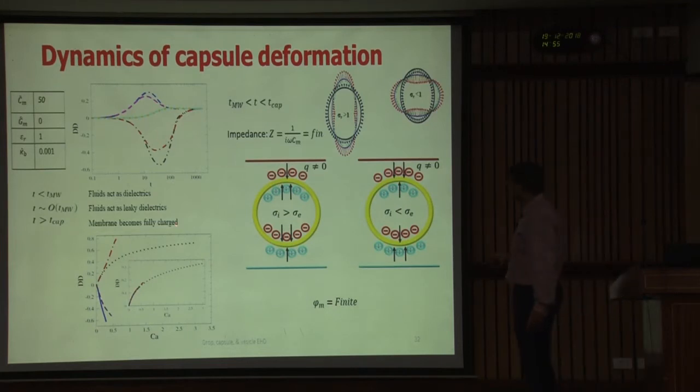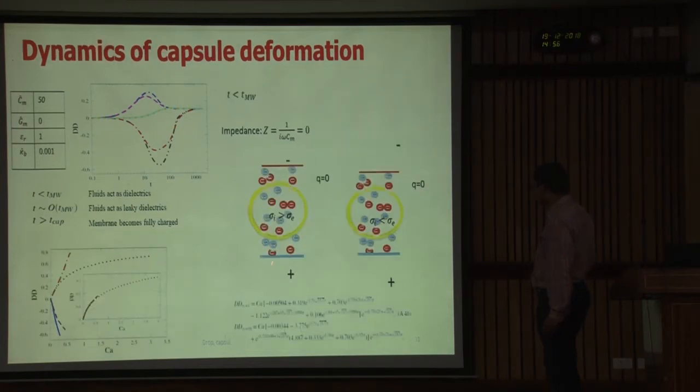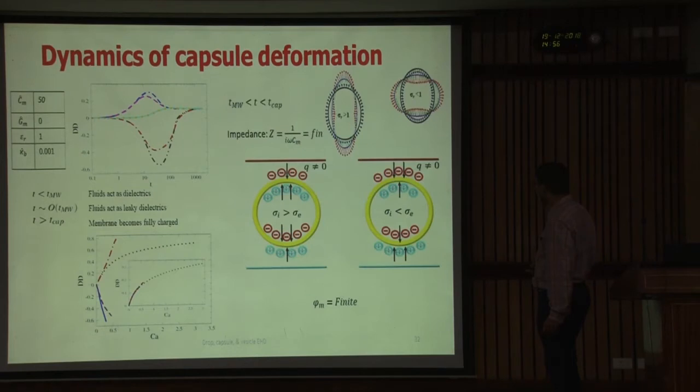Now, in the intermediate time scale, that is between the Maxwell-Wagner time and the membrane charging time, the membrane starts getting charged, and now if your internal medium is more conducting, you see that there are more positive charges here. So just for reference, this is the positive electrode, this is the negative electrode. You have more positive charges here which get attracted to the negative electrode, and you get a Maxwell stress distribution which looks like this.